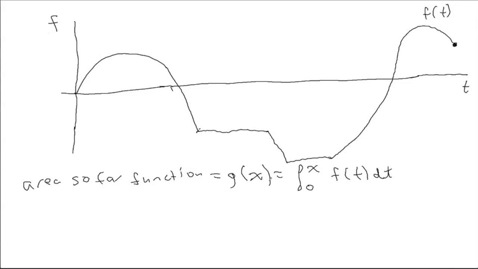A slightly better way to say that is this is the integral from 0 to x of f of t. But you were obviously thinking of the right thing. So it's kind of a weird, complicated function, but I think we've been making some good progress on understanding this function.